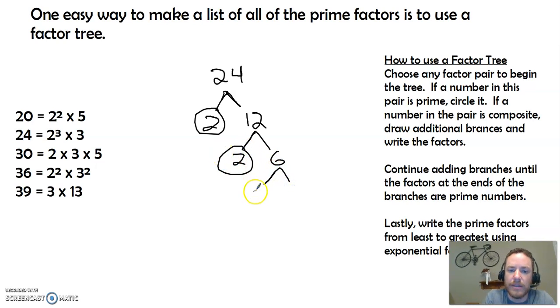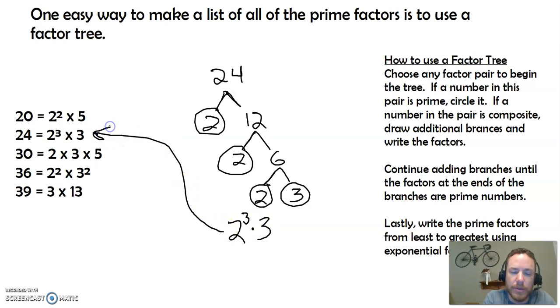And 6 is 2 times 3, both of which are prime. Count the 2's. There are 1, 2, 3 2's. 2 is the base, and it gets multiplied by itself 3 times. So that's 2 to the third power, and there's a 3. 2 to the third power times 3, which, like I said, we already know because we have the answers right here. This page is just showing you how to get the answers.